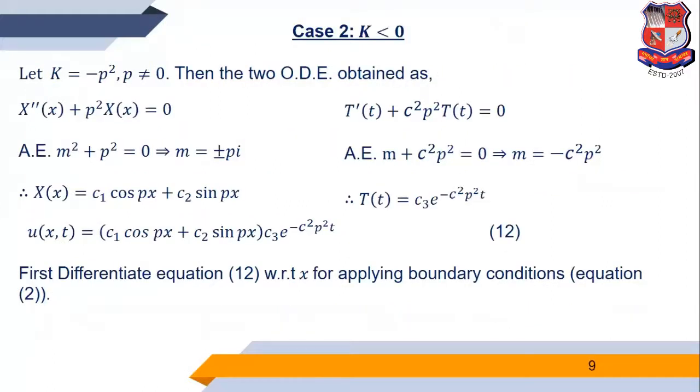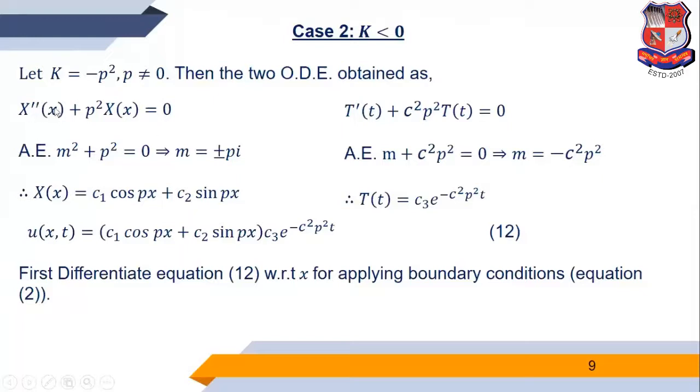Now we discuss case 2, k less than 0. The procedure is similar, only the change here is k less than 0, so we consider k is equal to minus p square. Then the given two ODEs are obtained as X double dash plus p square X is equal to 0, because we replace k is equal to minus p square in the previous two ODEs.